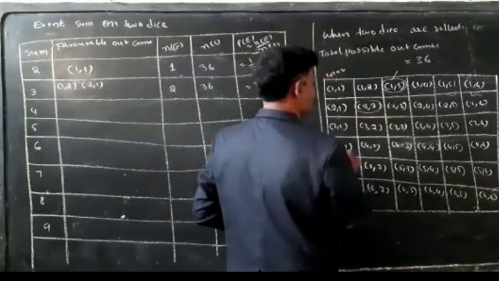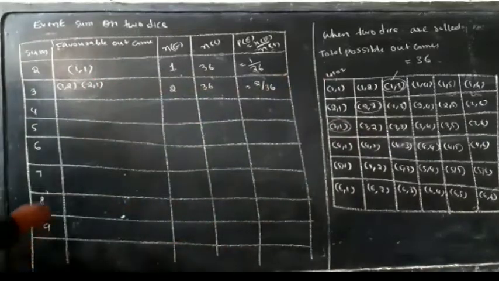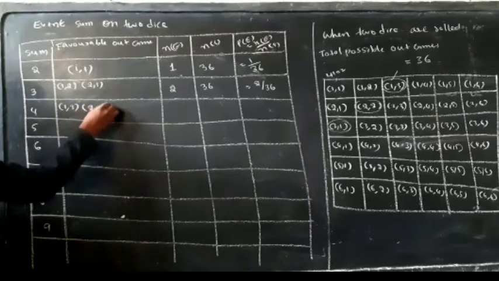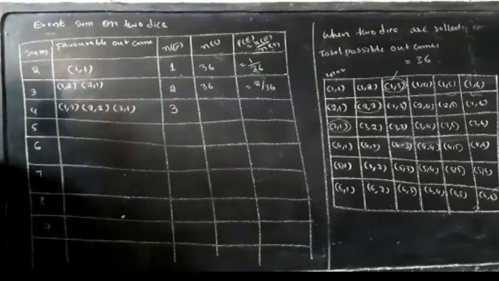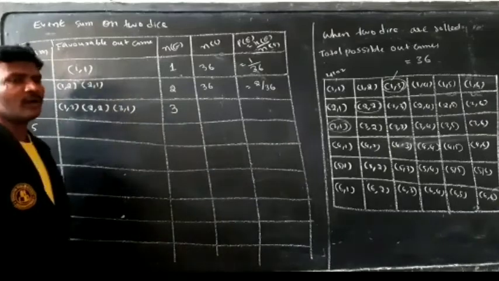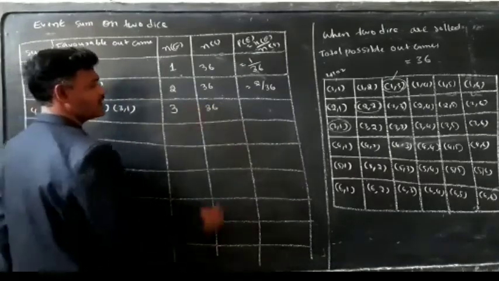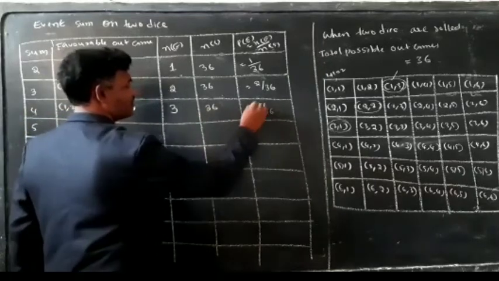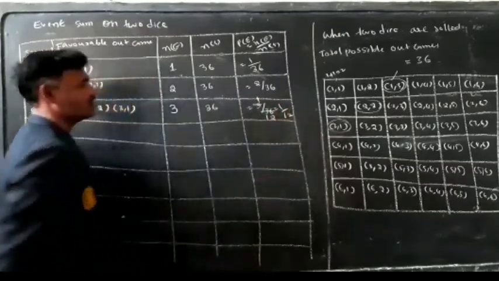Next 3,1, 3 plus 1 is equal to 4. So there are 3 chances: 1,3, 2,2 and also 3,1. So number of favorable outcomes is 3 and total possible outcomes are 36, which is 3 by 36. We can cancel here: 3 ones are 3, 3 twelves are 36, so it is 1 by 12.